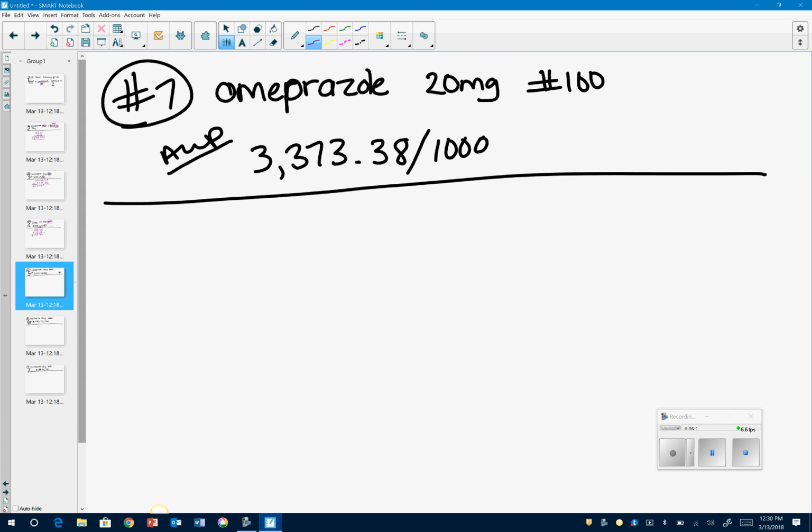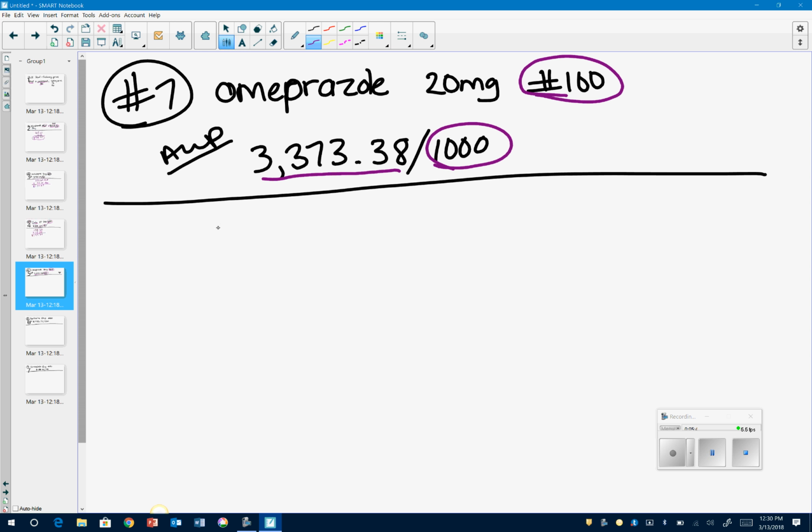Okay, now this one's a little bit different, just because your medication here is for 100 tablets, but the AWP price they give you is for 1,000 tablets. Okay, so all you have to do for that is figure out how much it is per each tablet, and then times that each tablet by 100.